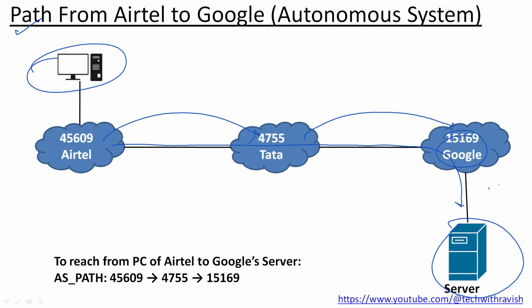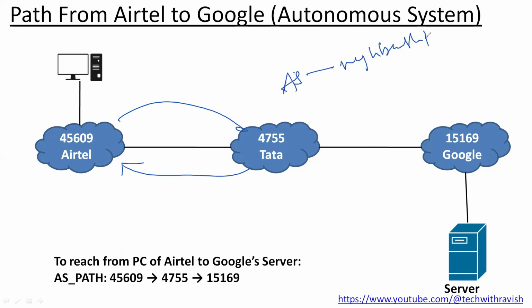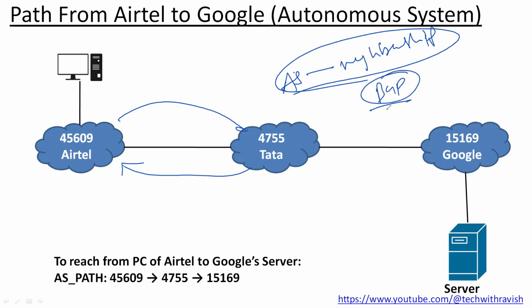So AS number is important in the data exchange between multiple ISPs. The peering is done on the basis of AS, and this peering is also known as neighborship. This AS neighborship can only be done with the help of the BGP protocol. BGP is the only protocol that supports AS neighborship or AS peering.